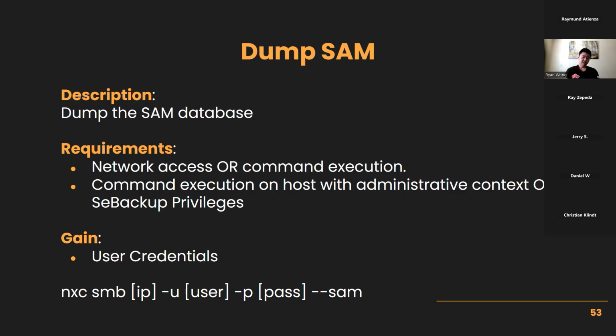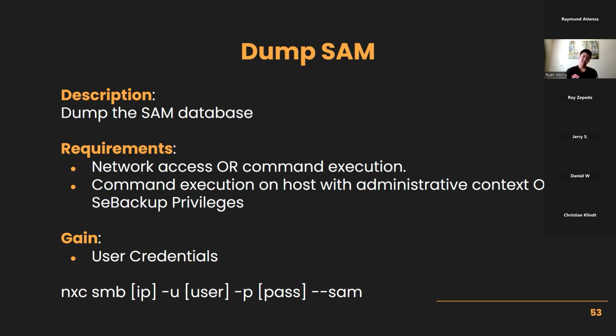Some requirements for this would be, of course, network access or command execution. The biggest thing would be to have SeBackup privileges or administrative context. With SeBackup privileges, you can essentially back up the registry key and just download it offline. That would be one way to do it.